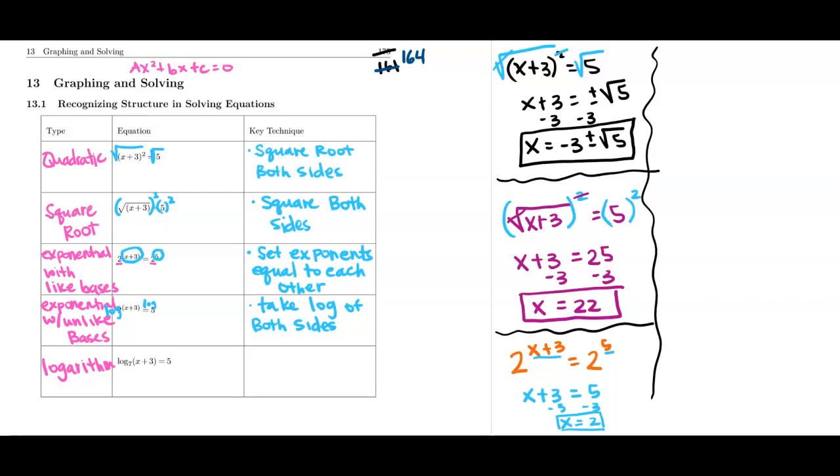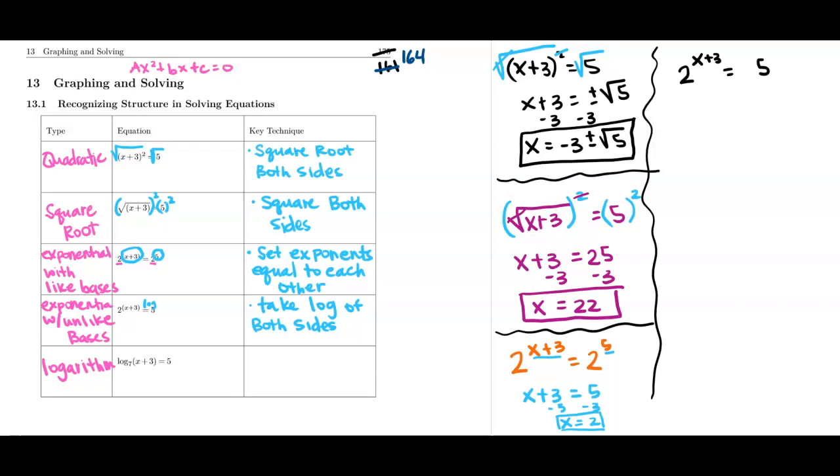So it was 2 to the x plus 3, that was so hard to read. I'm just going to get rid of that for a second. Let's try and write it this way. So 2 to the x plus 3 power equals 5.